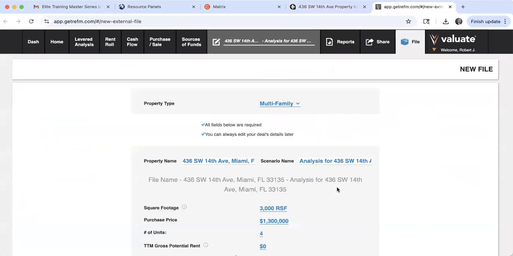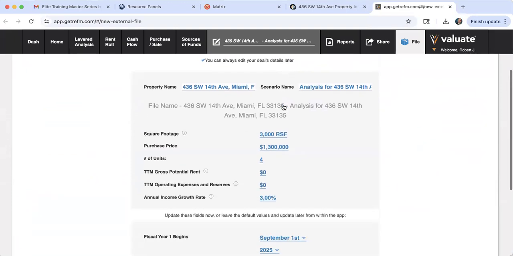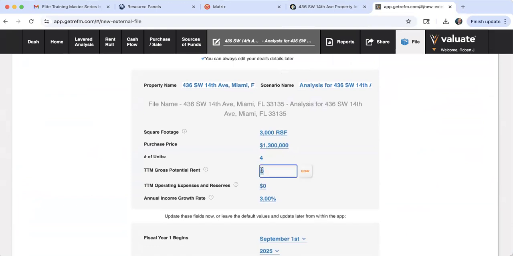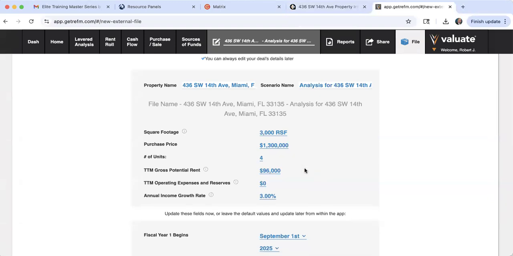RPR is going to recognize that it is a multifamily property, therefore we don't have the option for fix and flip. This is a 4 unit and the purchase price is $1,300,000, so let's leave it at that. The gross potential rent is $96,000 a year, that's $8,000 times 12.